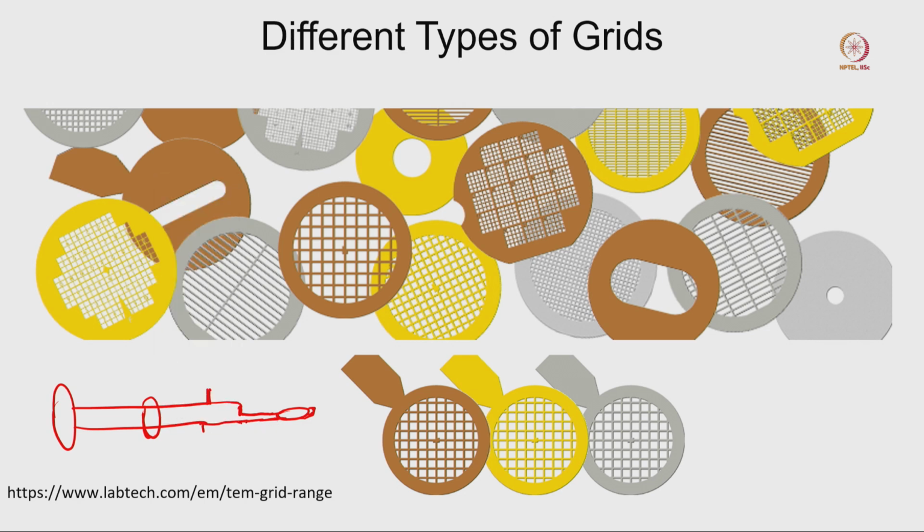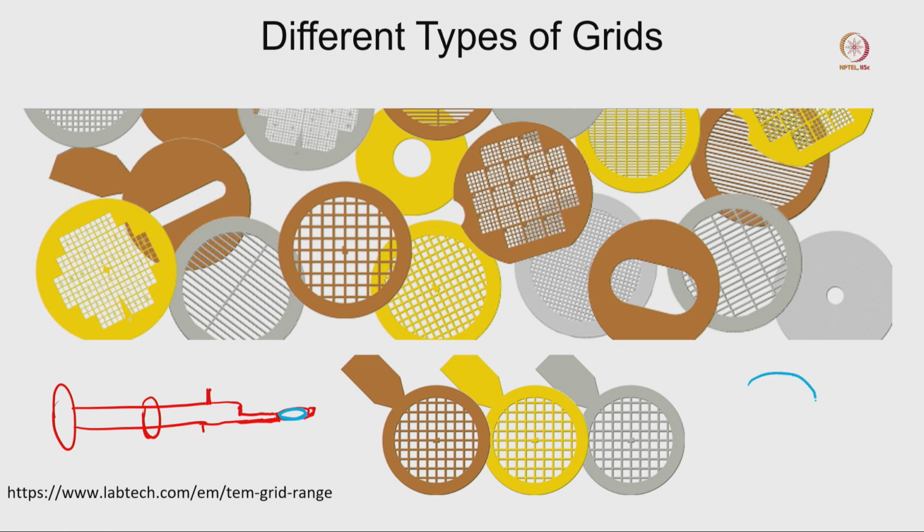When we discussed the sample holder, I also discussed how to insert that sample and where your grid will go. I will discuss a little bit about the grid at that time. So, your grid is a small disc.